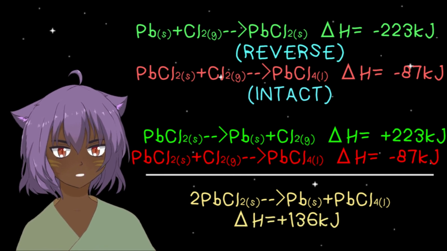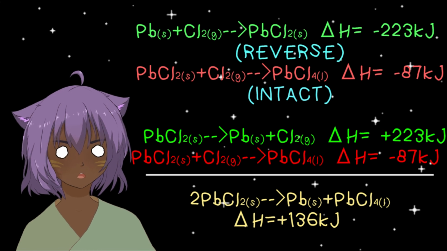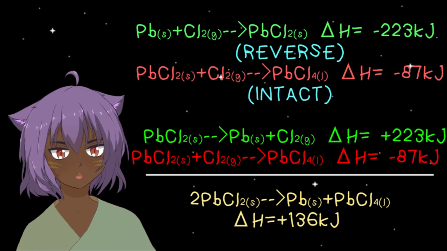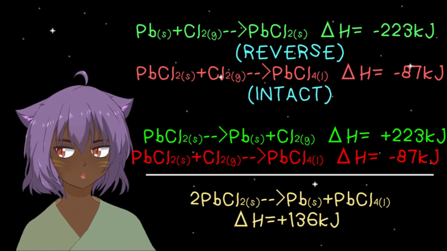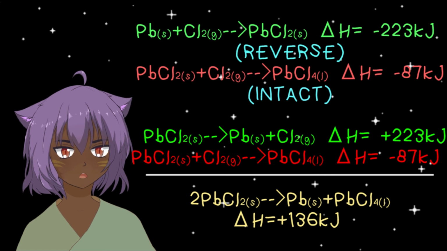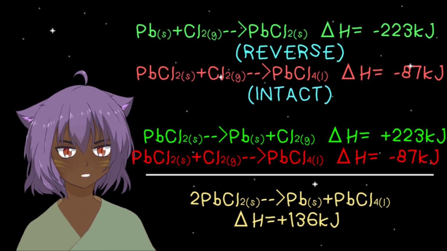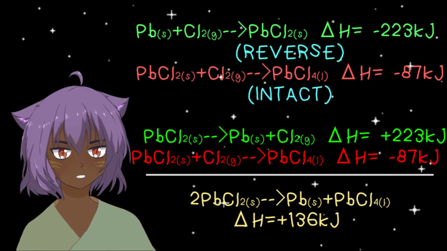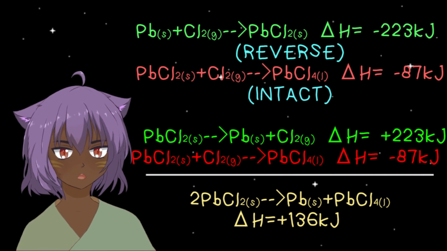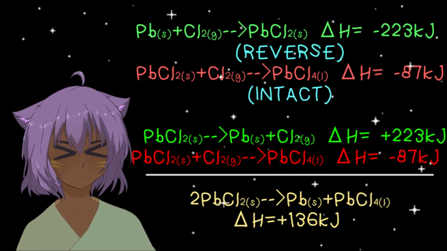So feel free to cancel that. So now we will have 2PbCl2 solid yields Pb solid plus PbCl4 liquid with an enthalpy of positive 136 kilojoules, since we add 223 kilojoules and negative 87 kilojoules.